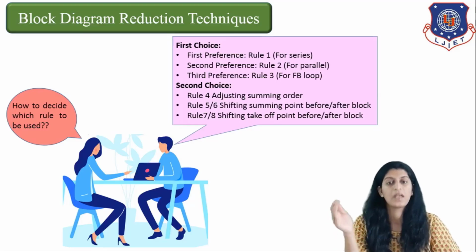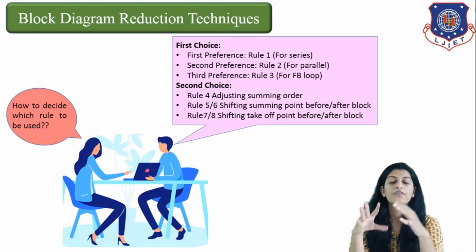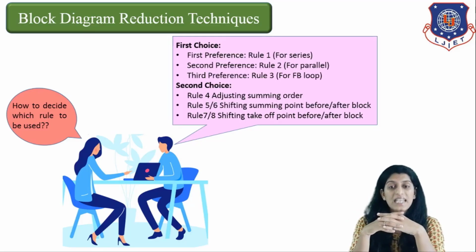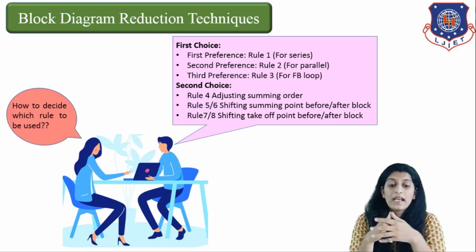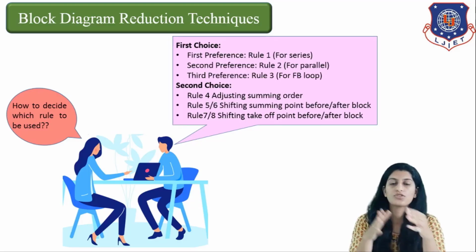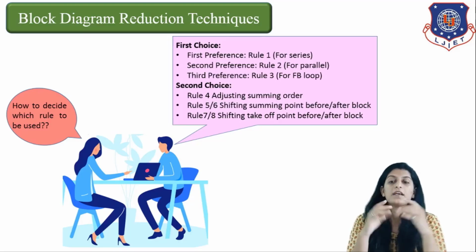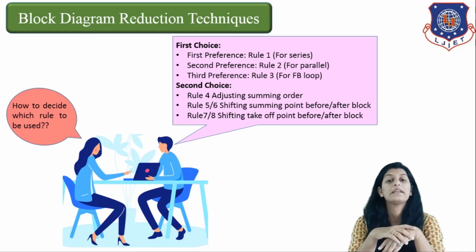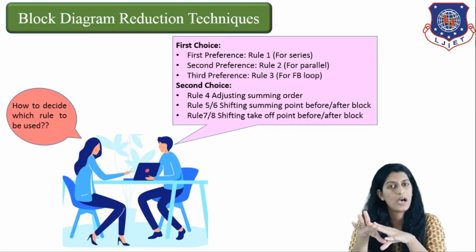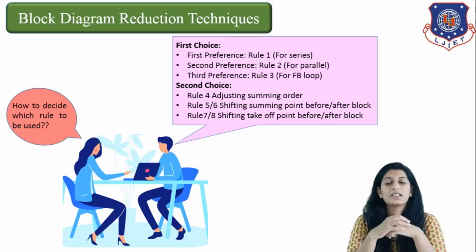It means that we first need to see if there are any series of blocks or cascades. If there are, then we must select them as the priority. If not, then we should go for blocks in parallel, and if even parallel blocks are not there, then only can we go for the blocks in the loop.